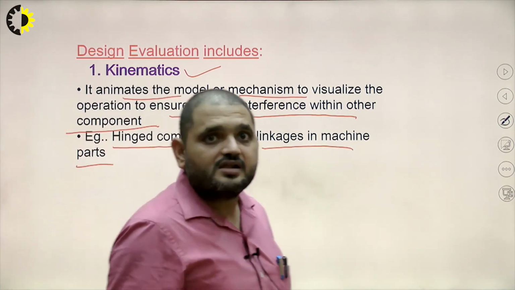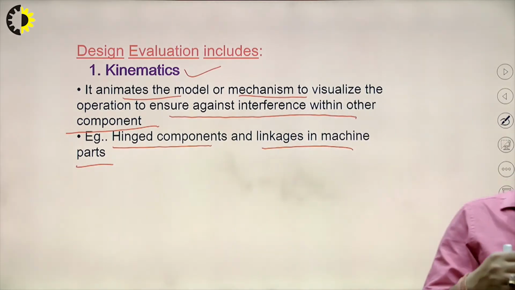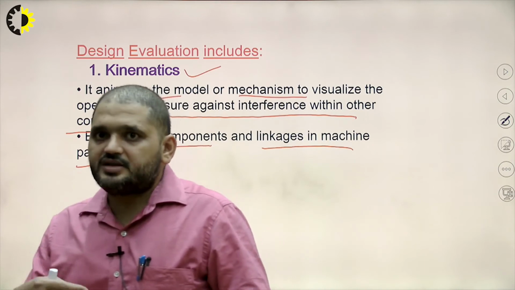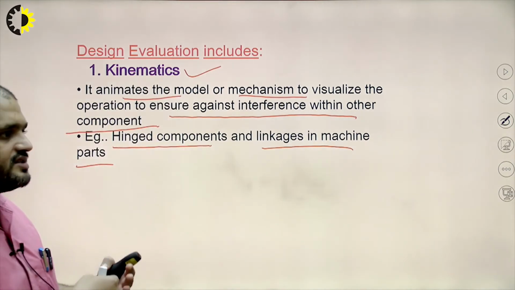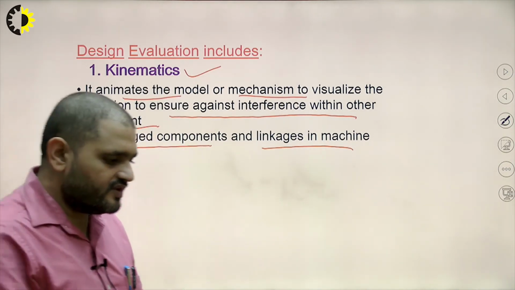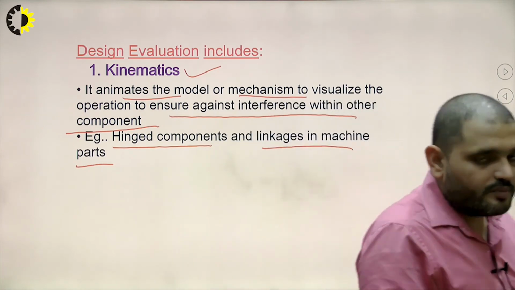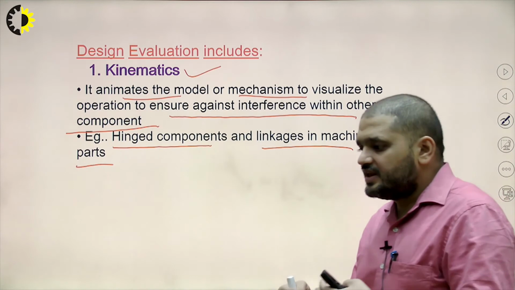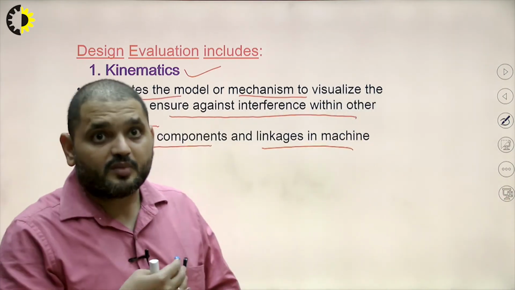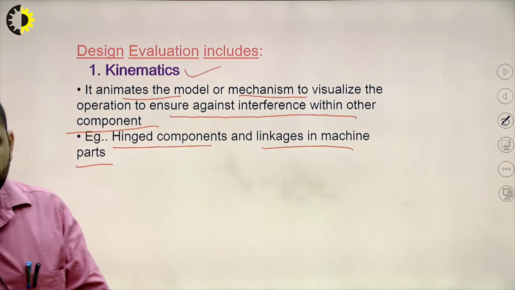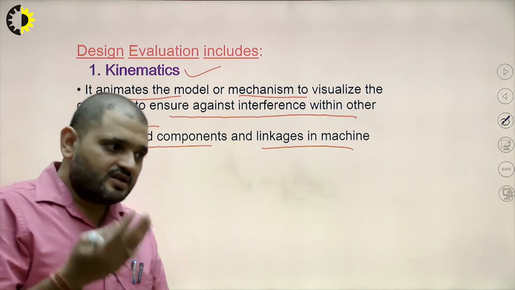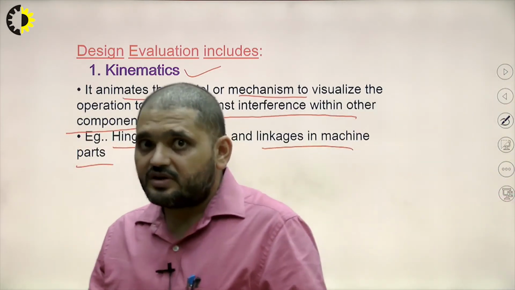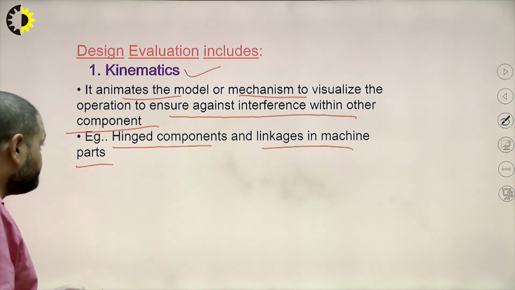Kinematic analysis means the whole product is simulated and checked whether the components which have relative motion with each other, or the mating parts, are interfering or not. If they are interfering, then we optimize the system, do the modeling again and redimension it so that the interference can be removed from the product.